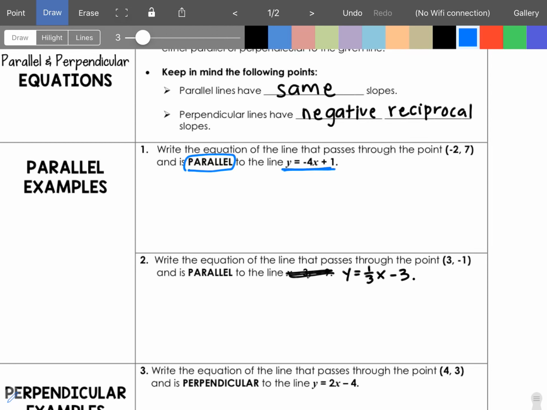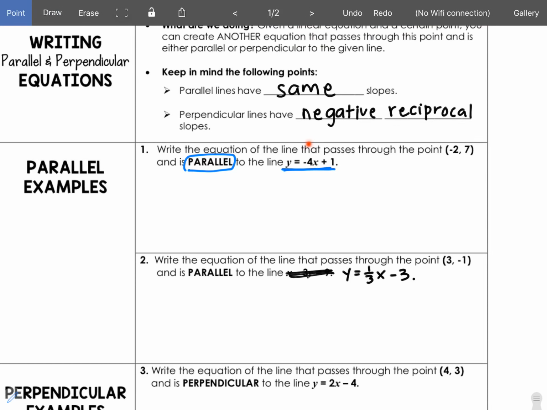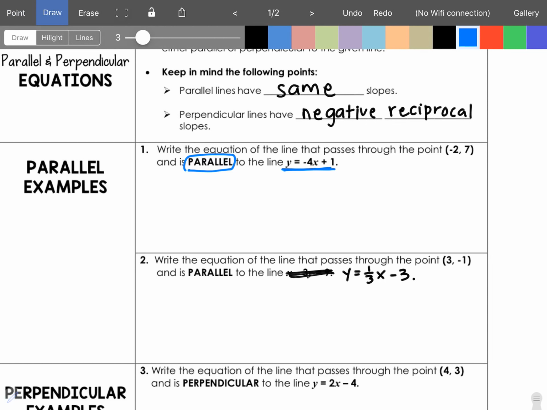If it's parallel, remember, they have the same slopes. So what is the slope in this equation? It's -4. So if I'm trying to create a line that's parallel to this equation, I'm going to use the same slope. That means I know m equals -4, because it needs to be the same slope as whatever that is.